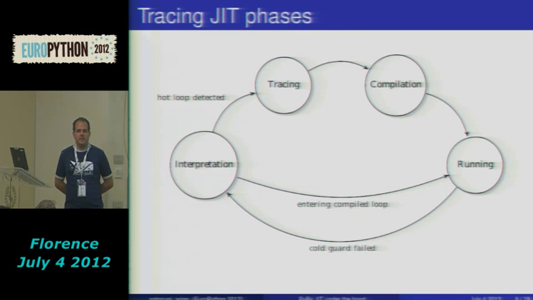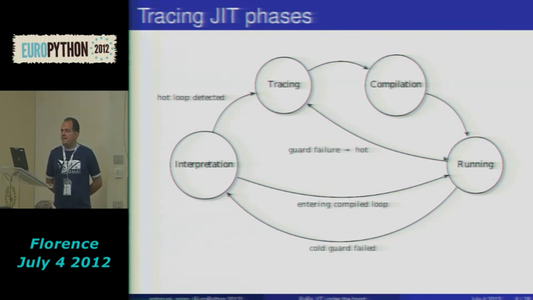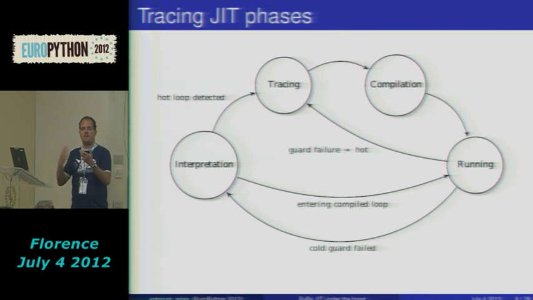Then at some point, we try again to enter the loop which we already compiled. So instead of going through the tracing and compilation steps, we can just skip directly to running because we already have this code. And then what happens? After a while, we have a guard which fails, which means a condition we didn't consider in the first approximation. It's a code path we never traced, but it fails once, it fails twice, it fails three times, and then we say, okay, we should maybe try to compile it as well.